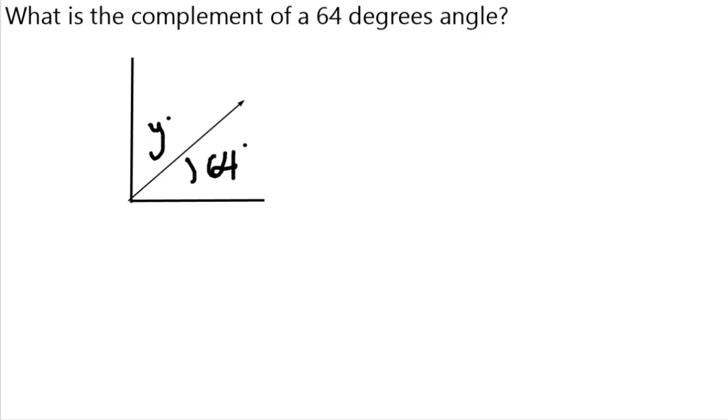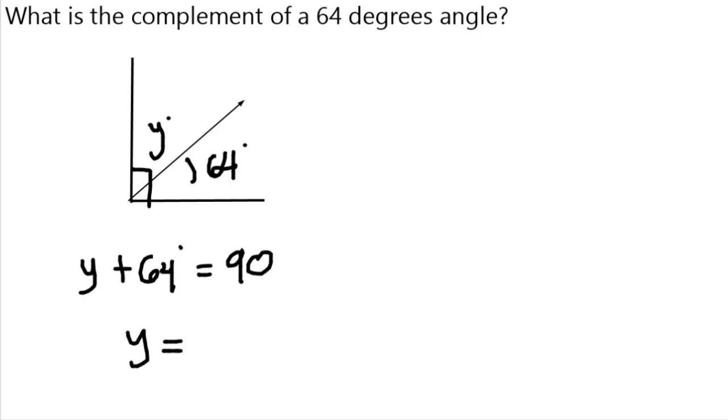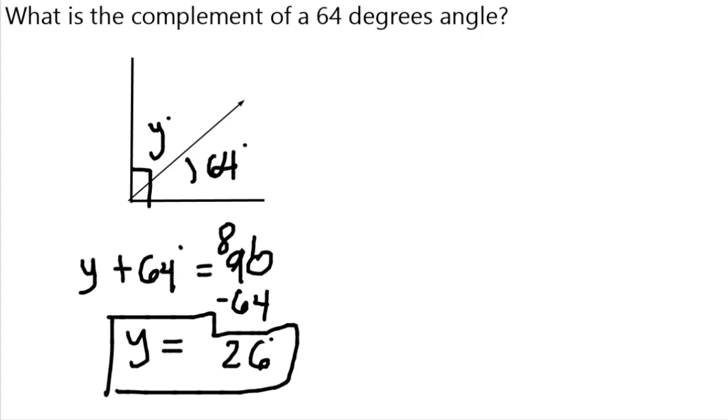To get the complement of this, it is just going to be y, the angle on the other side. We know that y plus 64 is going to add up to 90 degrees. Moving 64 to the right side, we get 26 degrees. So this is the complement of 64 degrees.